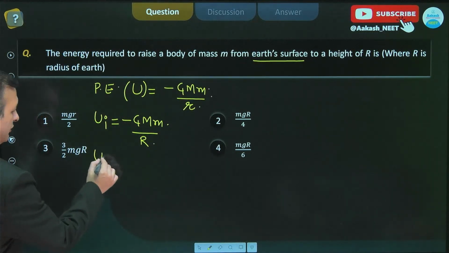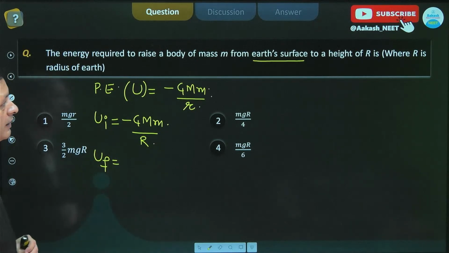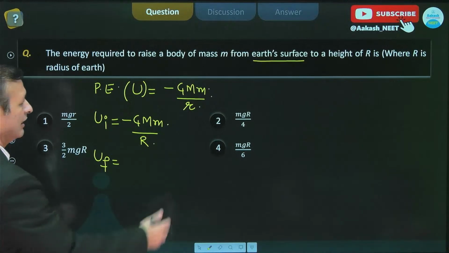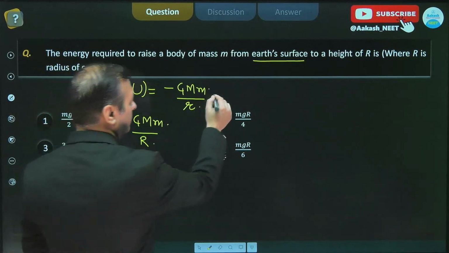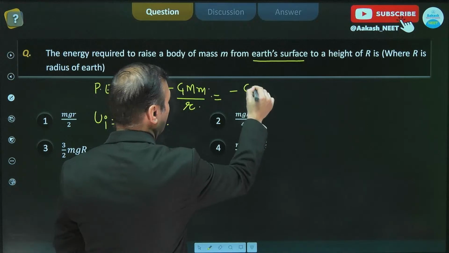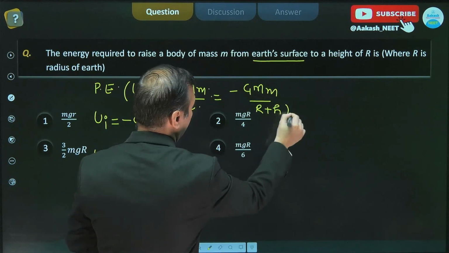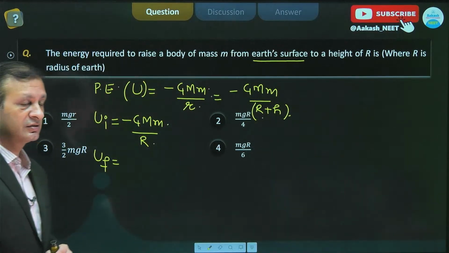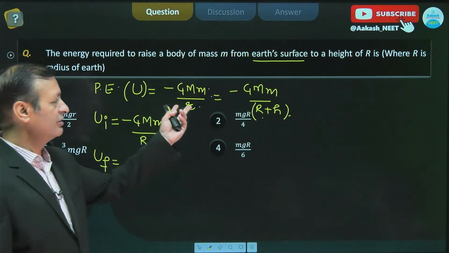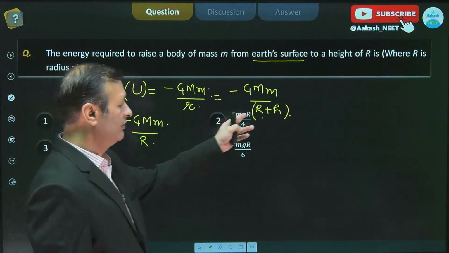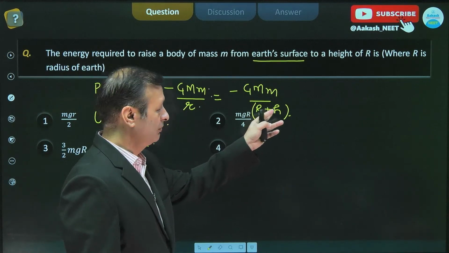Then the final potential energy, to a height of r. So if you replace it with this formula, it would be rather more logical, because you can see this is a generalized version for orbital radius. Here we are talking about the radius of Earth plus height.